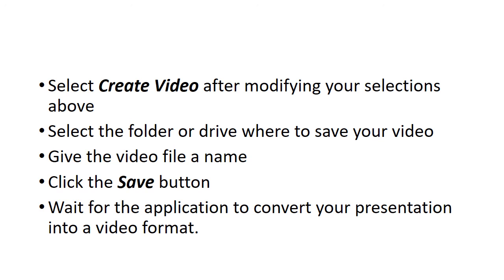You might not see this last step of waiting for the application to convert your presentation into a video, and you might think that, like we save in a normal scenario on a desktop, on a laptop, on a computer, that is the procedure that it will take. But you have to wait. I will show you somewhere down there how that is done.